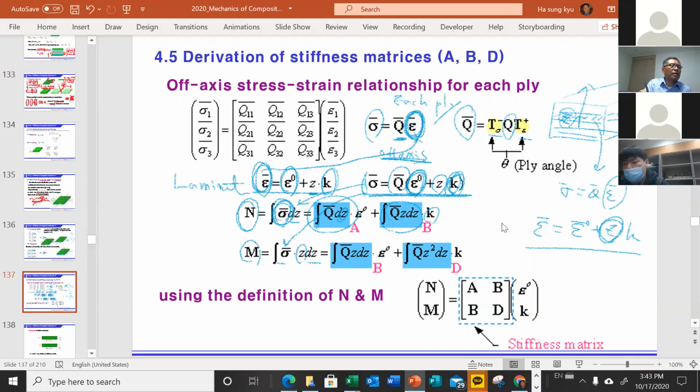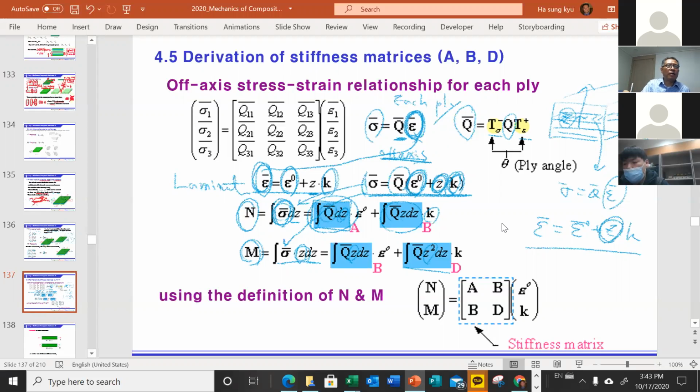So this is the N, and the moment is from here multiplied by Z here. So now we have a Z term, and now we have Z and Z, a double Z here. So this term is the Z dependency.